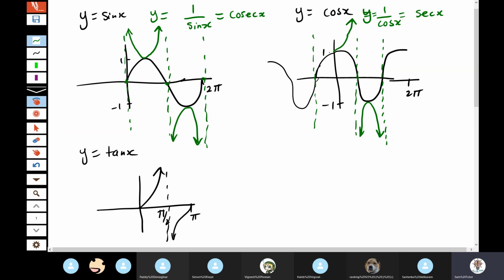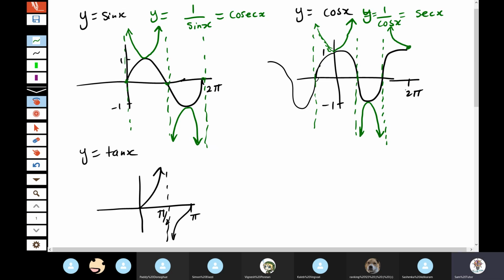I'll leave it in there, maybe dotted, so you know that it is technically still a parabola. Again, 1 over small is going to be large, so we're going to start up here and come down. And that's your sec curve.